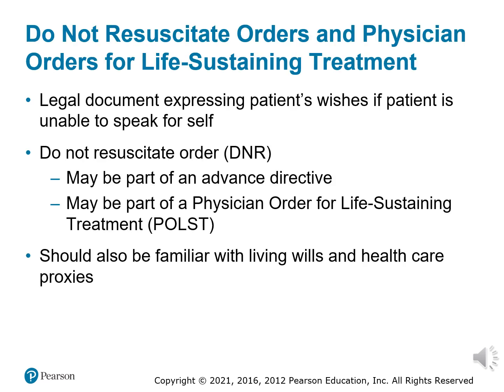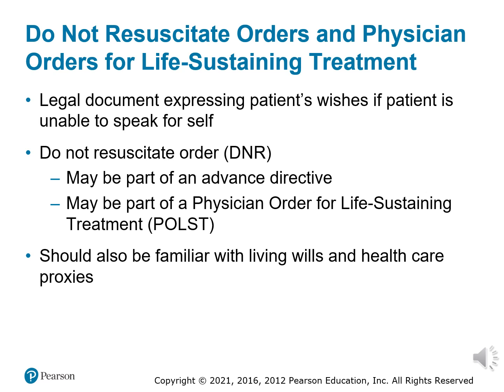How about a do not resuscitate order and a physician's order for life-sustaining treatment, or a POLST form? So they are legal documents expressing the patient's wishes if the patient is unable to speak for him or herself. So a DNR, or a do not resuscitate order, may be part of an advance directive. It may also be a part of a physician's order for life-sustaining treatment, or a POLST form. You should also be familiar with living wills and healthcare proxies.